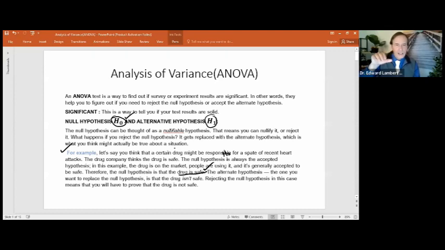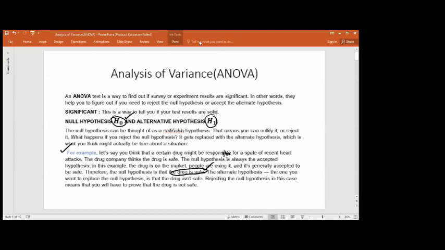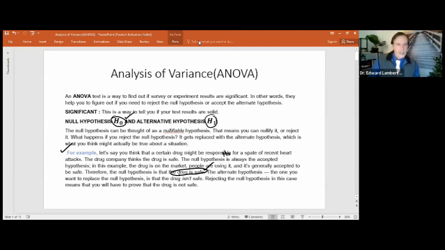Can you change to the next slide? Okay. You might have to go to the presentation mode.